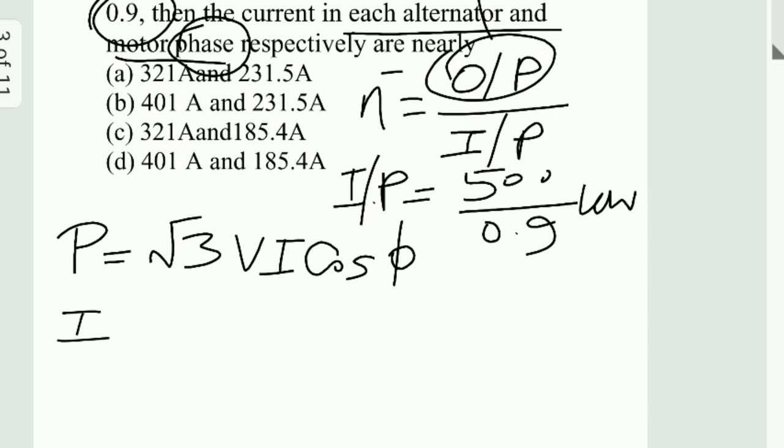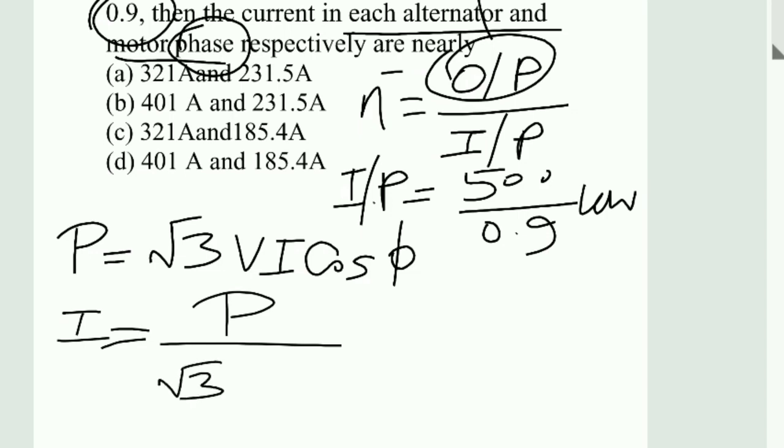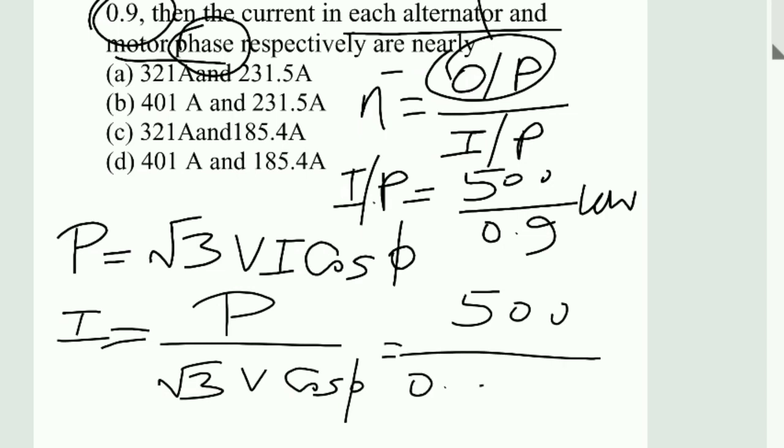So I equals P by root 3 V into cos phi. That means we are getting here 500 by 0.9, but as it is kilowatt, we will multiply it by 1000.